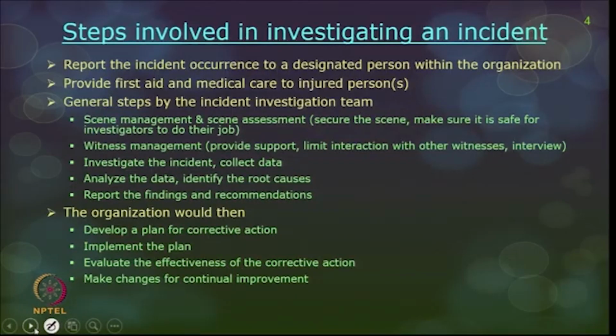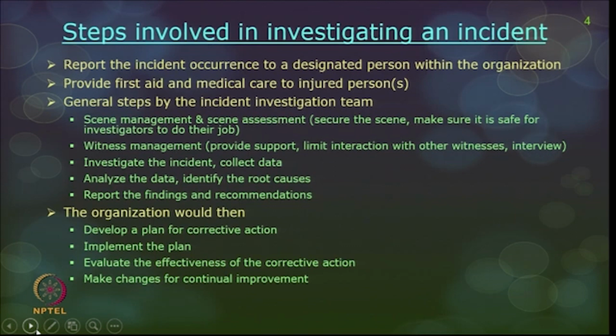And it always gives a chance for a future accident to happen at any time during the construction work, and next time it can be very dangerous or disastrous. So, if you want to avoid that, then every small alarming call you should take very seriously and investigate the accidents. So, let us continue with the steps involved in investigating an accident.